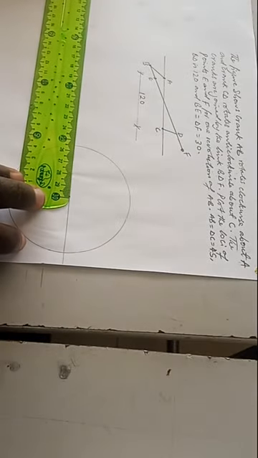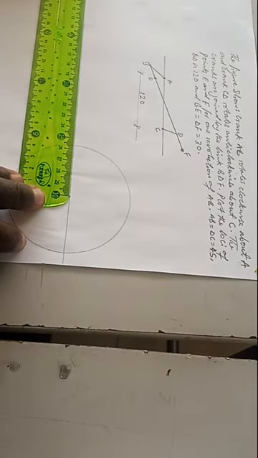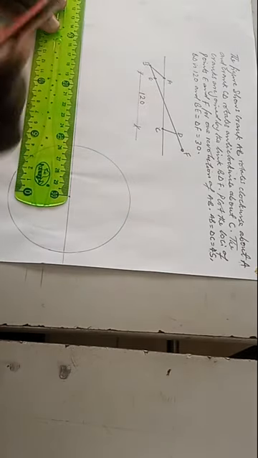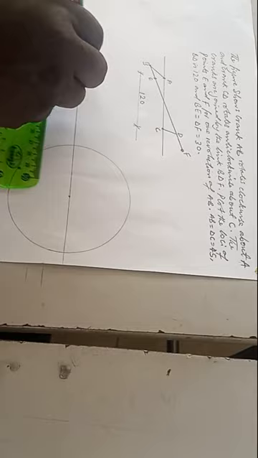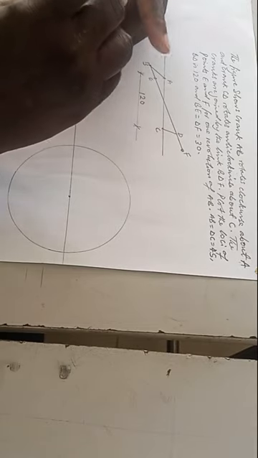So let us measure 120. This is 10, 120 is here. So we can now draw with the same radius of 45 the other circle for the second crank.